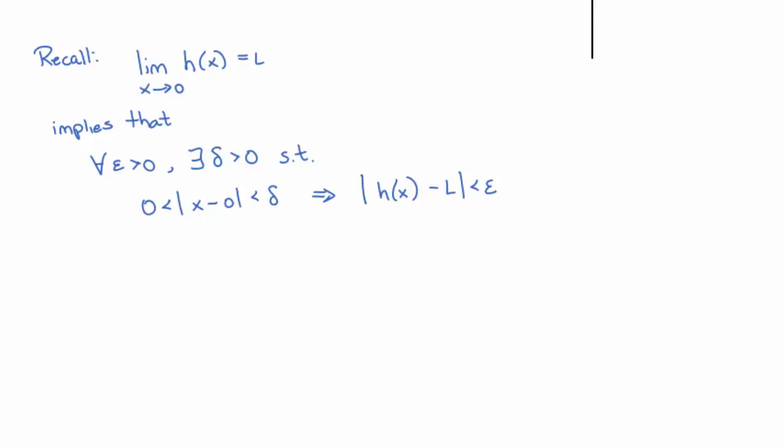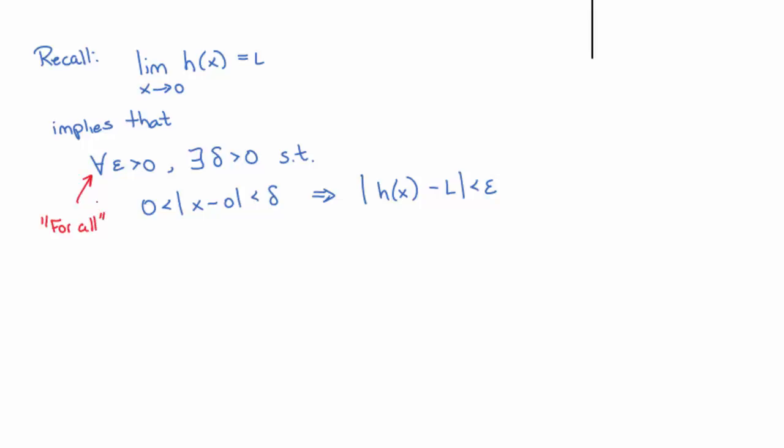So recall that the limit as x approaches 0 of a function h of x equals L is the shorthand notation for the following statement. For every single epsilon that somebody gives me, and let me point at the upside down capital A, for those who are not in my class, that means for all or for every.